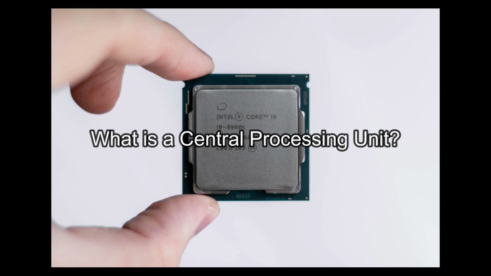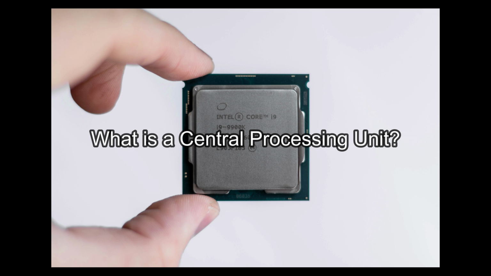The parts of the CPU normally include the control unit, the arithmetic and logic unit, and the cache memory. The control unit manages the execution of instructions and communicates with different parts of the PC.